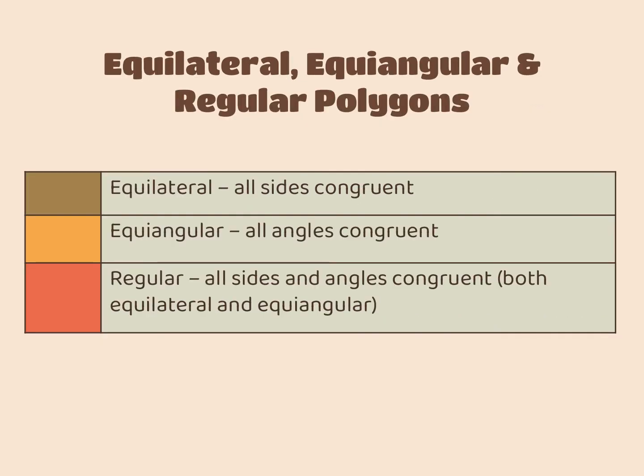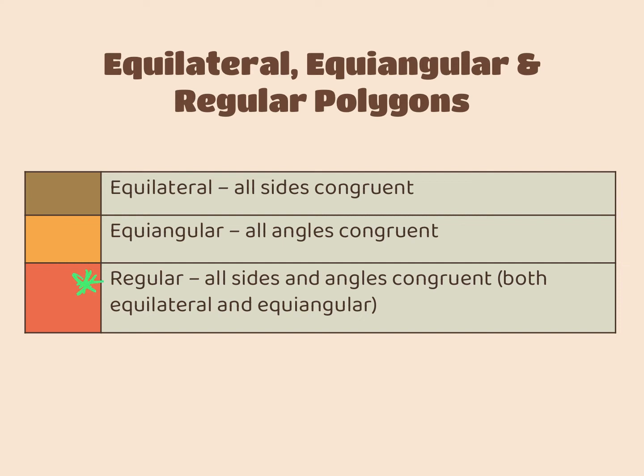So next we have 3 more definitions. And again, we've already seen these when we've been talking about the triangles. Equilateral just means all sides are congruent. Equiangular means all angles are congruent. And what's new here is the word regular, and we're going to use this quite often.